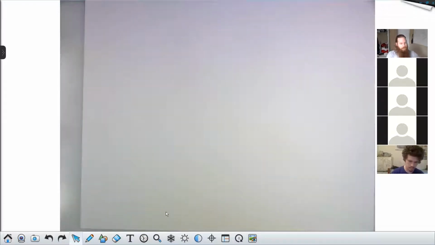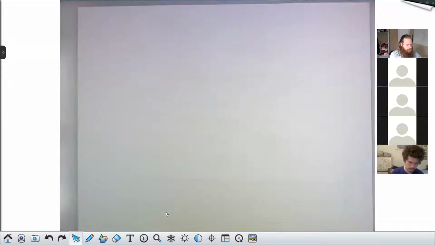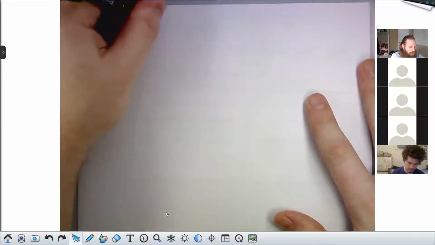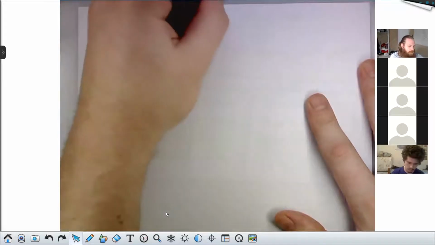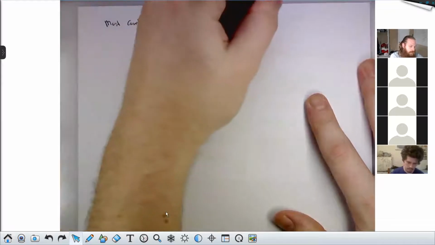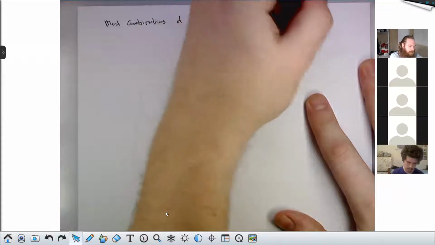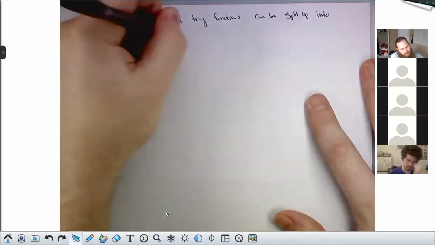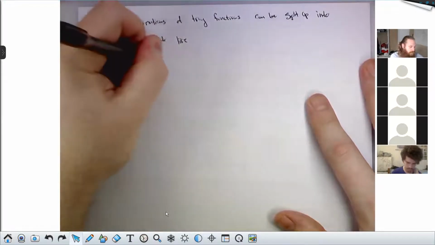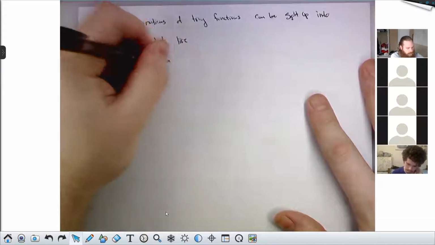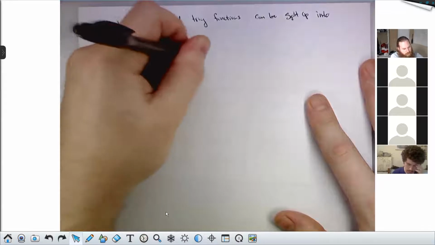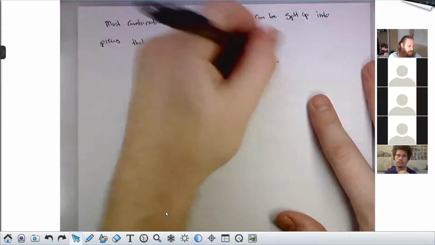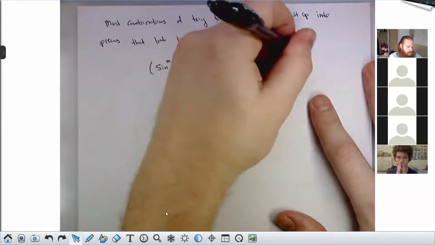It turns out most all combinations of trig functions can be split up into pieces that look like powers of sine, so sine to the m x times cos to the n x, or powers of secant to the m x times tangent to the n x.